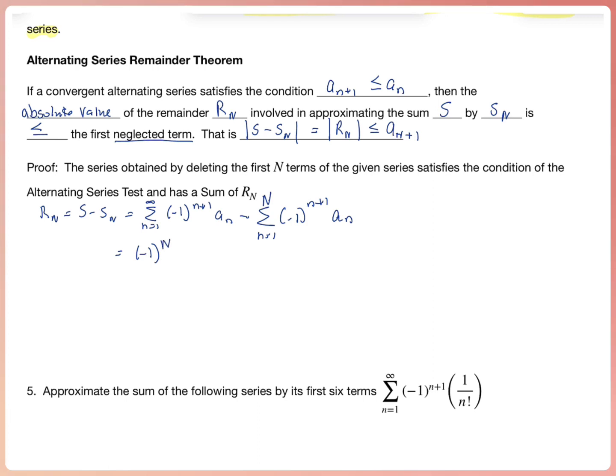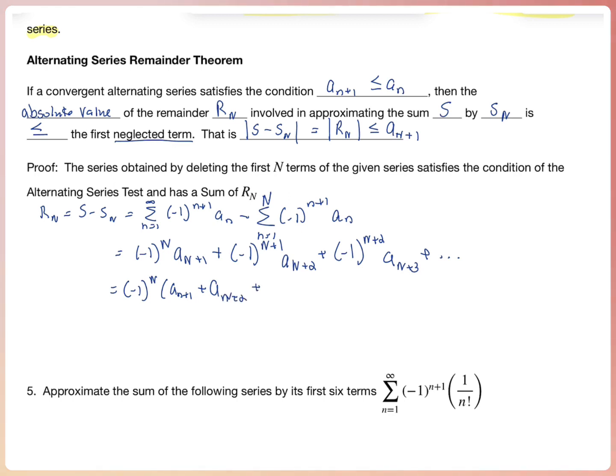All right, so that's negative 1 to the n, a sub n plus 1, plus negative 1 to the n plus 1, a sub n plus 2, plus negative 1 to the n plus 1 times a sub n plus 3, plus and so on. If we expand that out, we can take that negative 1 to the n and factor it out, and we get a sub n plus 1 plus a sub n plus 2 plus a sub n plus 3 plus and so on.